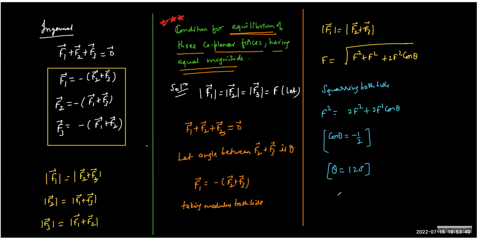So can we say that if I choose any random pair, 1, 2, or 2, 3, or 3, 1, the angle must be 120? Yes or no? Yes, sir. So what you learn from here? If the three vectors having equal magnitude are at equilibrium, then they must be forming this beautiful symmetry.